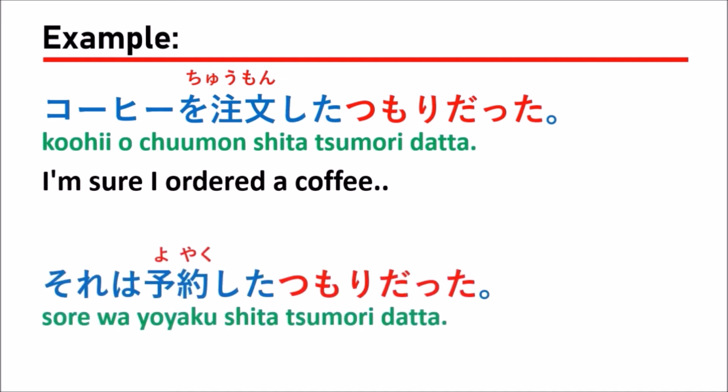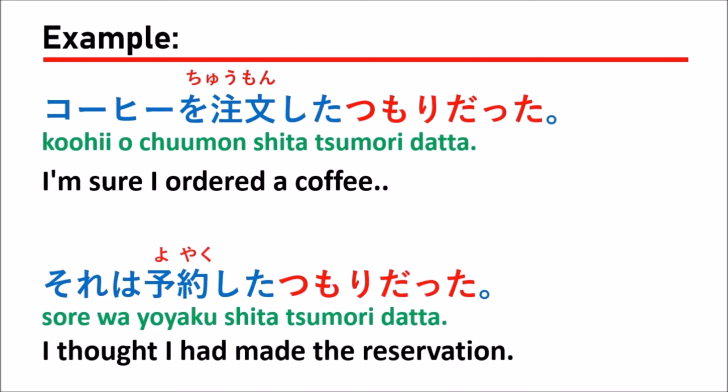The next example is それは予約したつもりだった, which means I thought I had made the reservation. In here, our verb is 予約した, in the past tense form or ta form. So in this case you can use it with つもりだった.